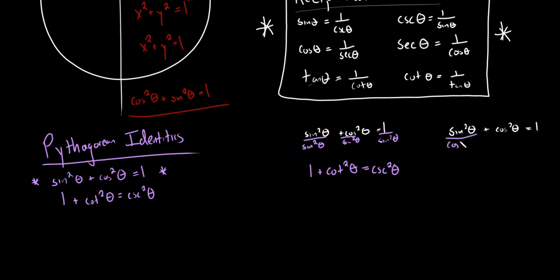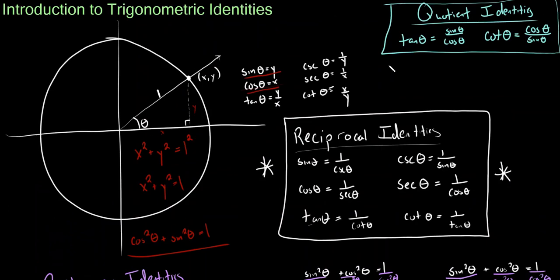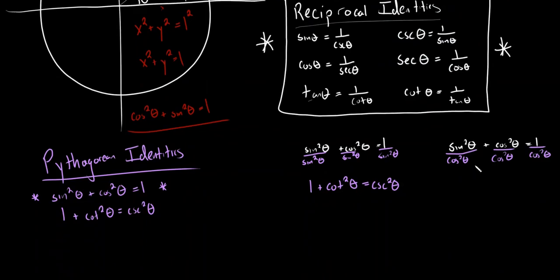All right, hopefully you did that. I'm going to go ahead and divide each side through by cosine squared and simplify it and see what I get. Well, sine squared over cosine squared, well, that's a quotient identity. Sine over cosine is tangent, so sine squared over cosine squared is tangent squared, right? So tangent squared plus, well, cosine squared over cosine squared, they cancel out and give us 1 is equal to, and there's our reciprocal.